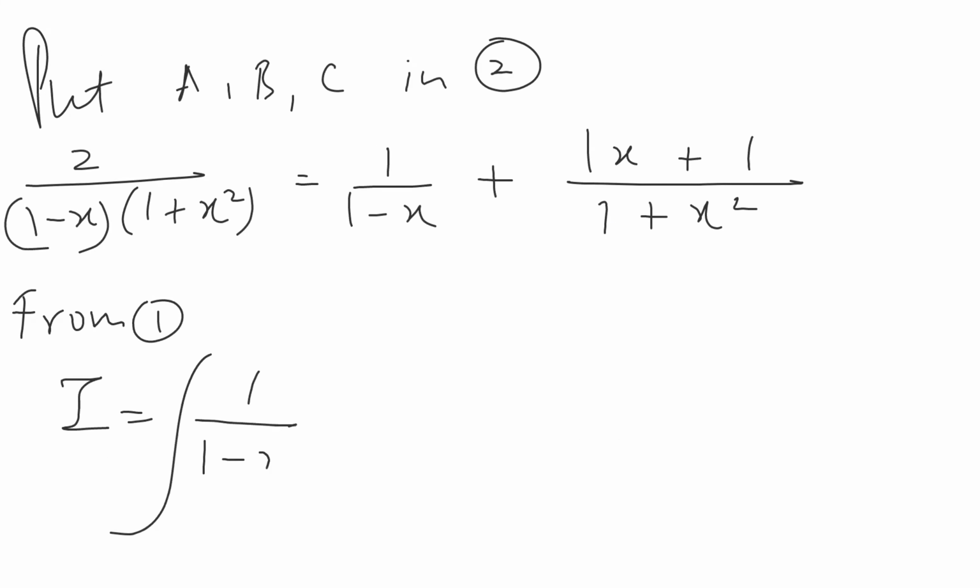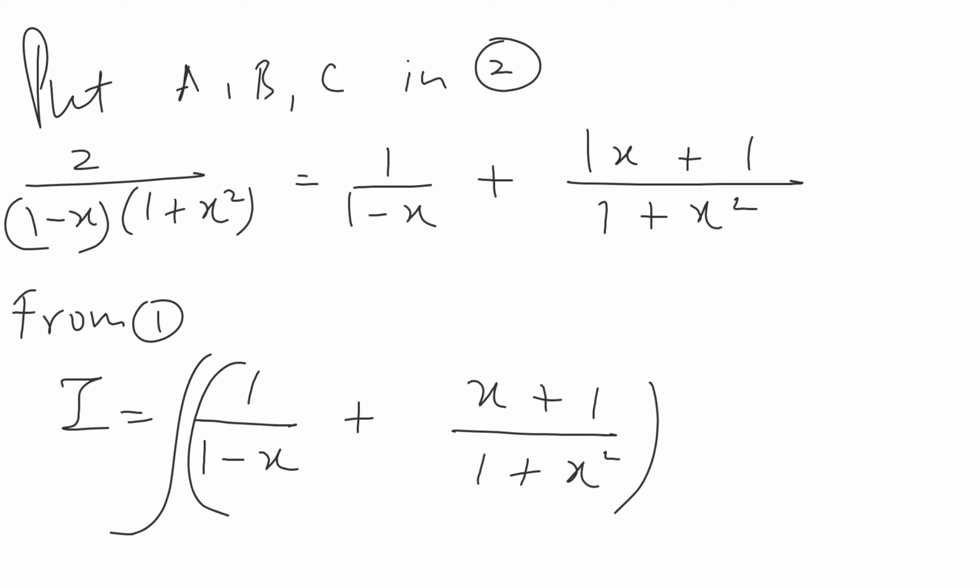1 upon 1 minus x plus x plus 1 upon 1 plus x square dx. Fine. Okay. Now here we have to split the integral into two parts. X upon 1 plus x square plus 1 upon 1 plus x square.